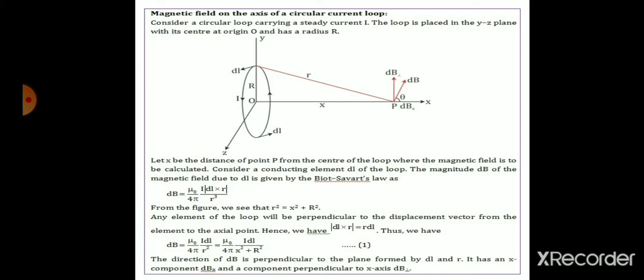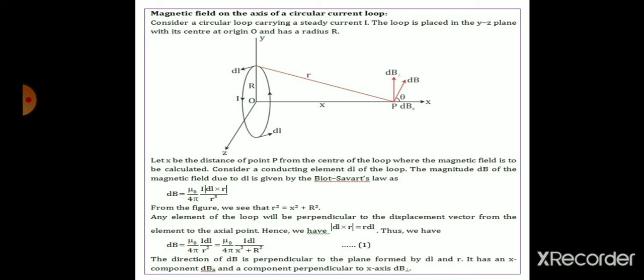Considering a conducting element dl of the loop, the magnitude dB of the magnetic field due to dl according to Biot-Savart's law is dB equals mu 0 by 4 pi I dl sin theta divided by r square, or in vector form, I into modulus of dl cross r by r cube.